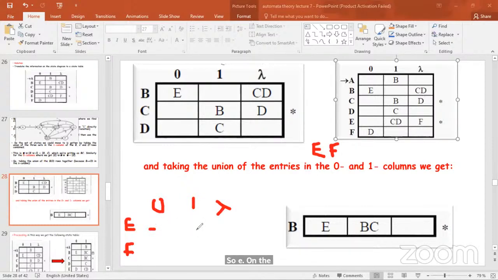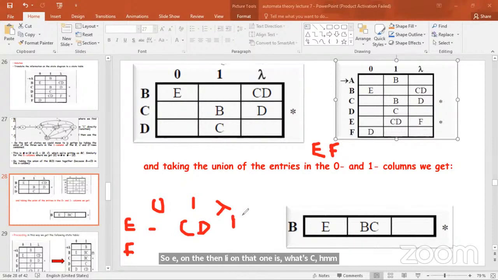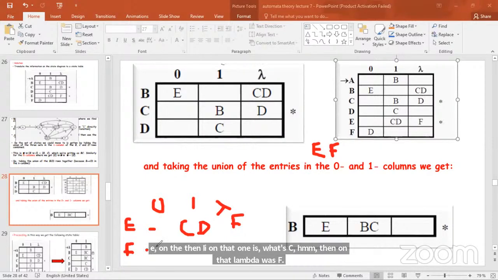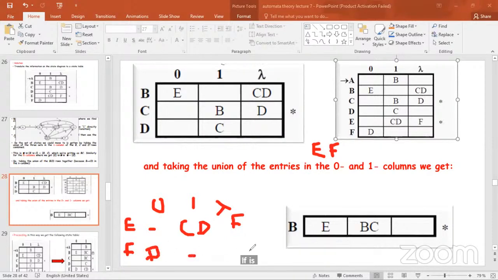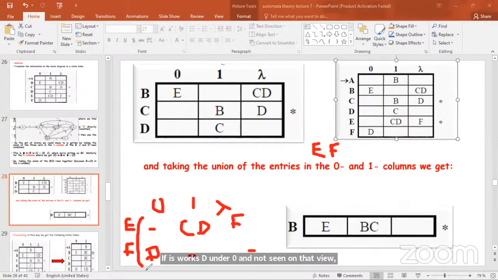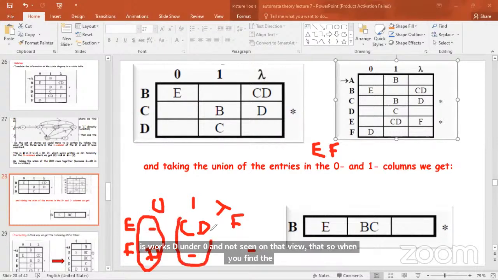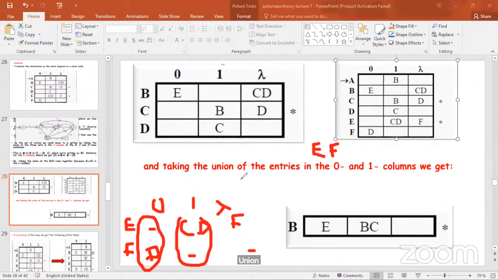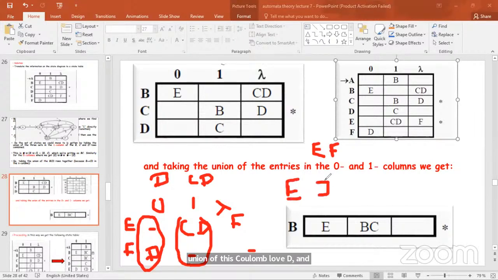Then E under 1 is C, D. Then under lambda is F. F has D under 0 and nothing under the others. So when you find the union of this column, you have D under 0 and C, D under 1. So the new value of E now becomes D under 0 and C, D under 1.